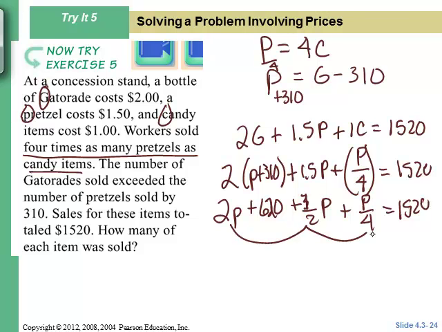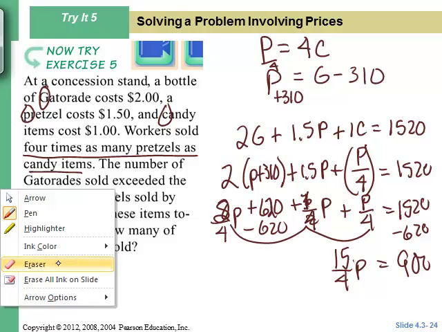Combine these three. 2P plus 3 halves P. Well, let's change them all into fourths. So this is 8 fourths. This is 6 fourths. 8 and 6 and 1 is 15 fourths P. Is, subtract 620 from each side, 900.